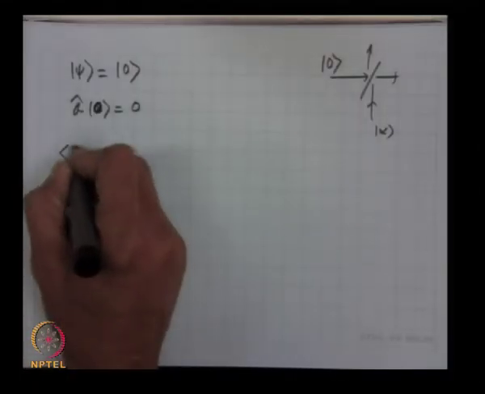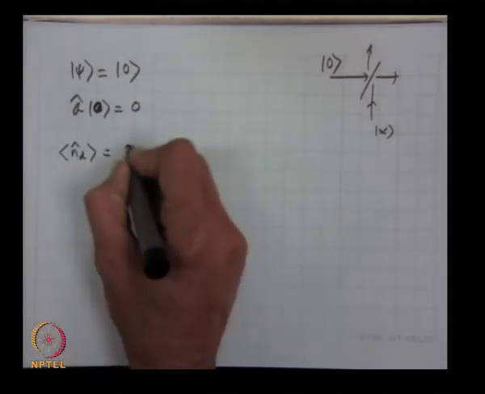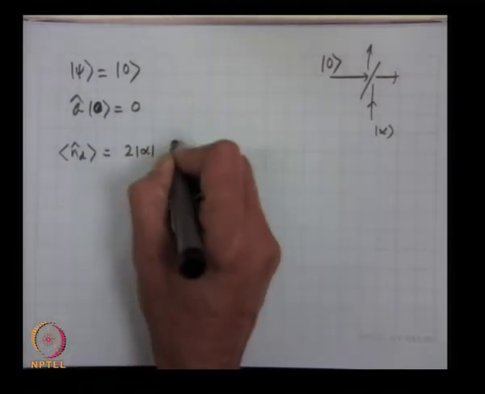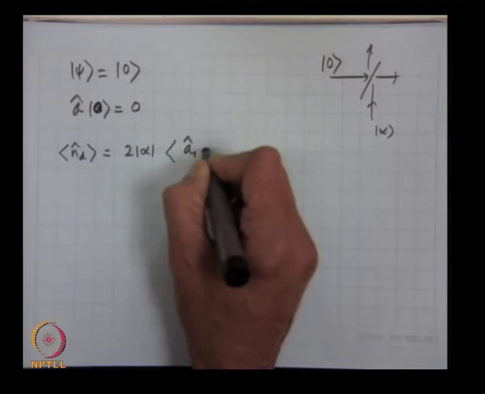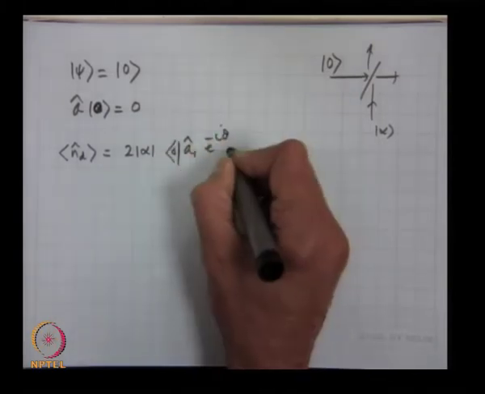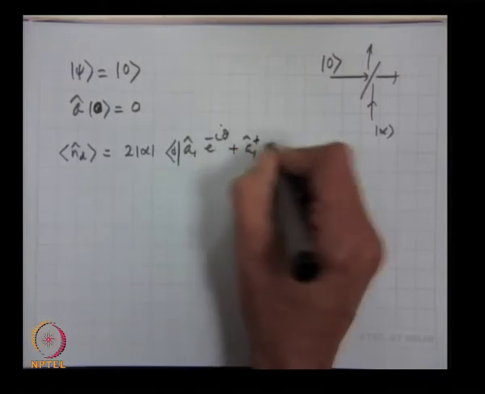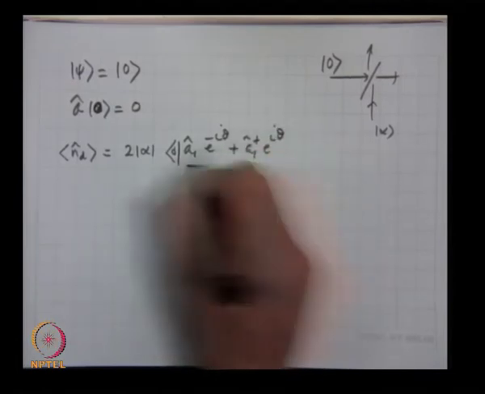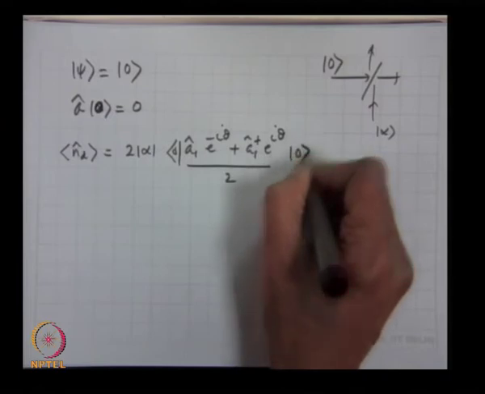So what is expectation value of ND? This is 2 times mod alpha times expectation value of A1 exponential minus iθ plus A1 dagger e to the power iθ, by 2, in the vacuum. How much is this?